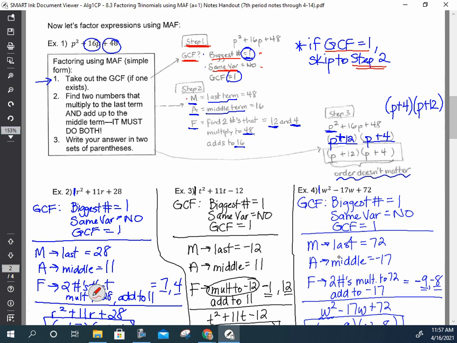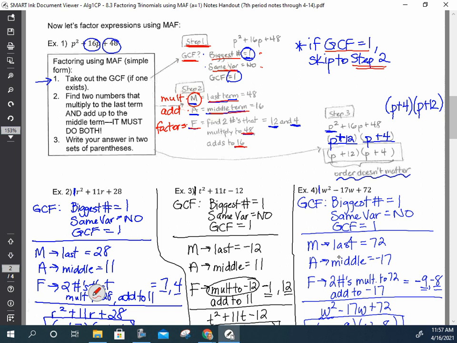Step 2 is where you do MAF. M means multiply, and you use the last term to do that. A means add, you use the middle term to do that. F means your factors. Find two numbers that multiply to 48 and add to 16.